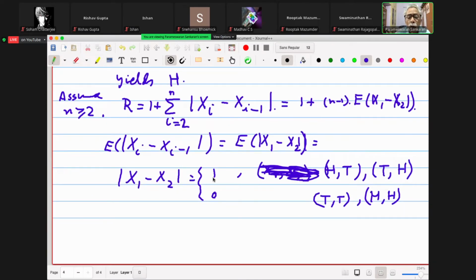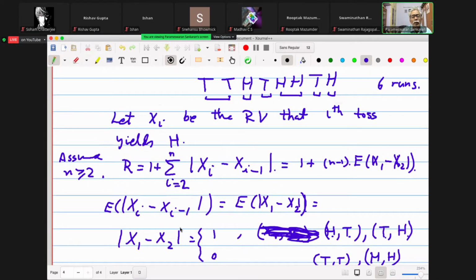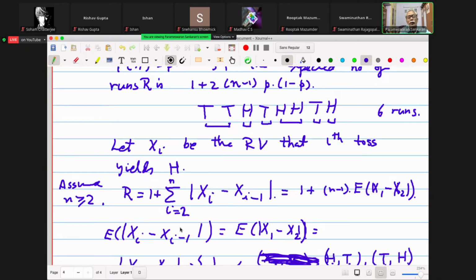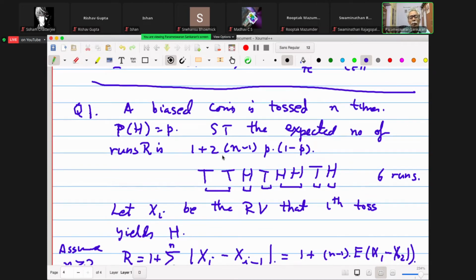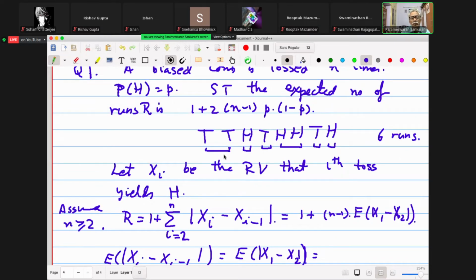So the expectation is 1 times the probability of this occurring, which is p times 1 minus p, because this is p and this is 1 minus p, so 2 times this. And that explains the 2 times that appears in here. That's all. There's nothing more.